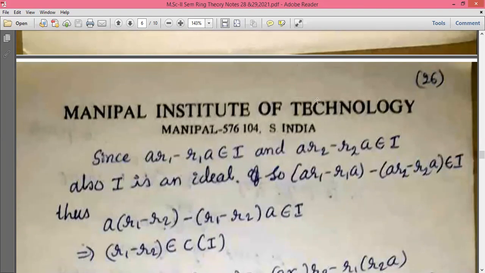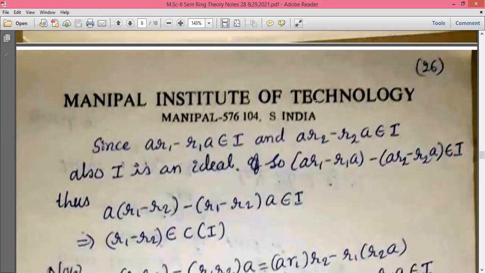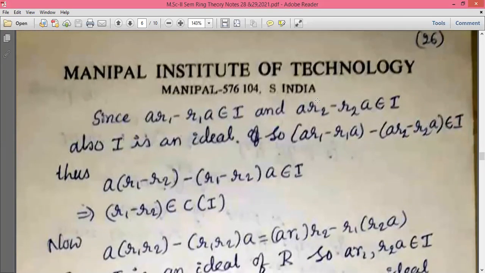So it has satisfied the closure under addition in I. Definitely this expression, A into R1 minus R2 minus R1 minus R2 into A, is a member of I. Because this expression is in C(I) as defined, R1 minus R2 is a member of C(I), so C(I) satisfies the closure under addition property.